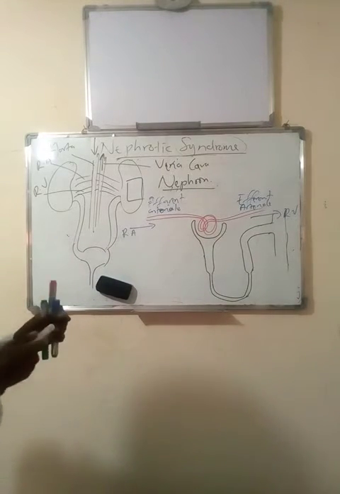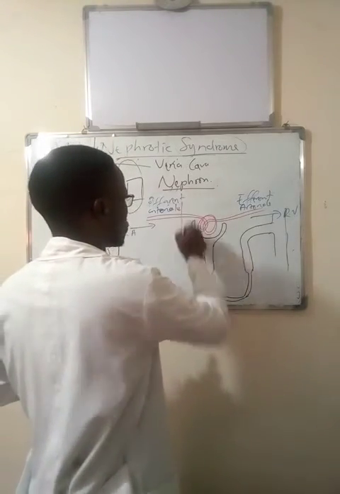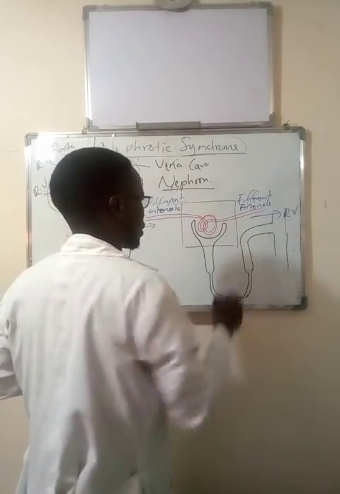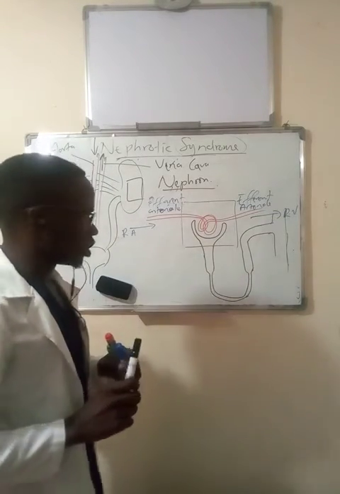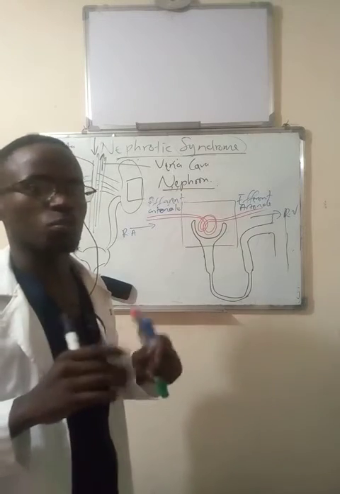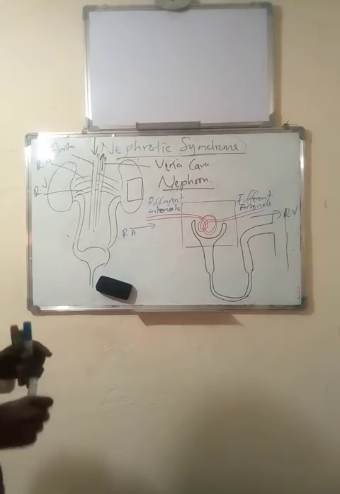Now, our point of concentration is really this part here. I want us to look at this part in a bit more detail because this is where the disease process is taking place.